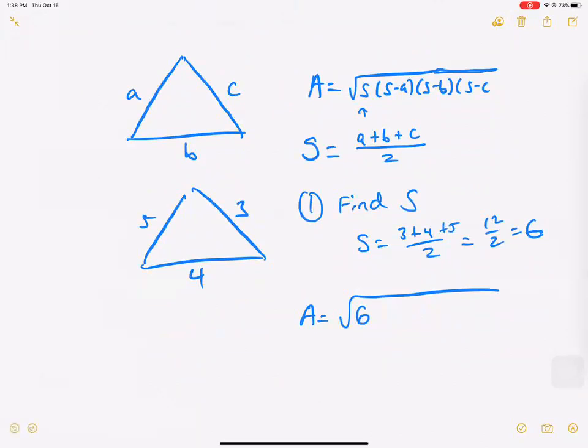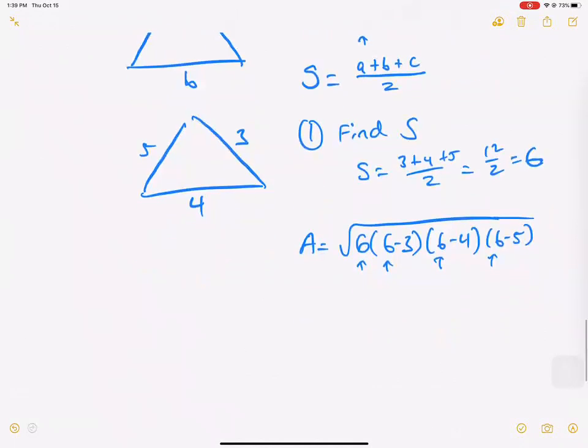So it should be 6 minus your first side, 6 minus your second side, and then 6 minus your third side. It's really 6, 6, and you know that other number. I'm not going to say it. But 6, 6, and a couple more 6s. And we always minus each of the sides.